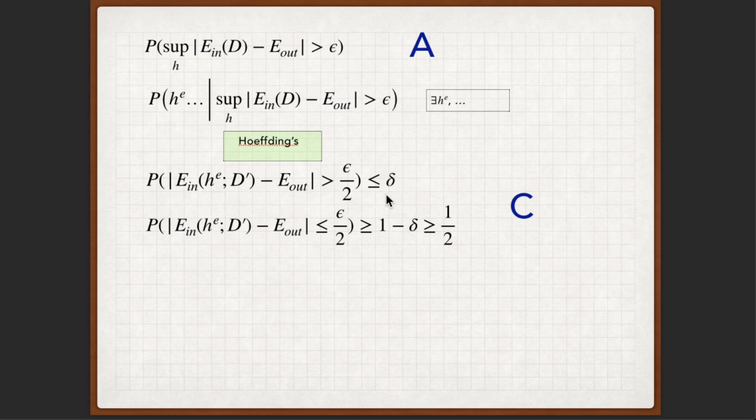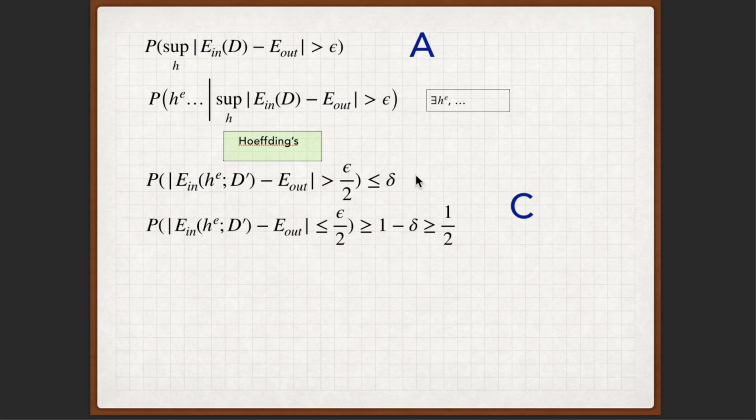Let's call that delta. This is the same as saying the probability that the in-sample error and out-of-sample error are close to each other within half epsilon is greater than 1 minus delta.